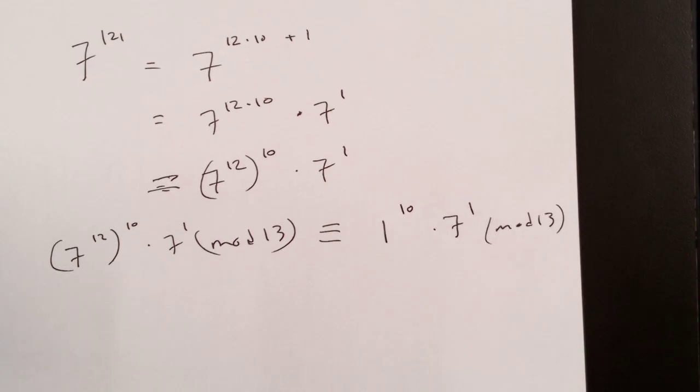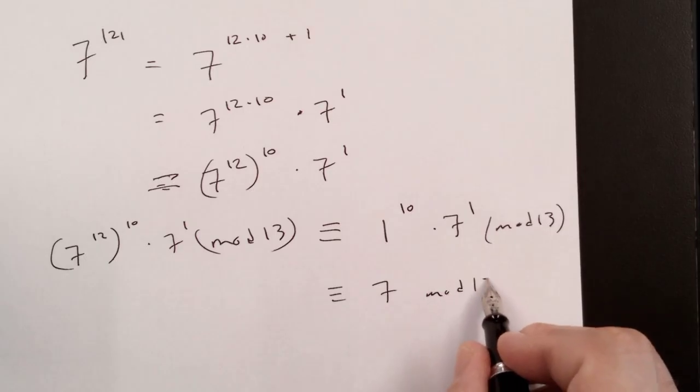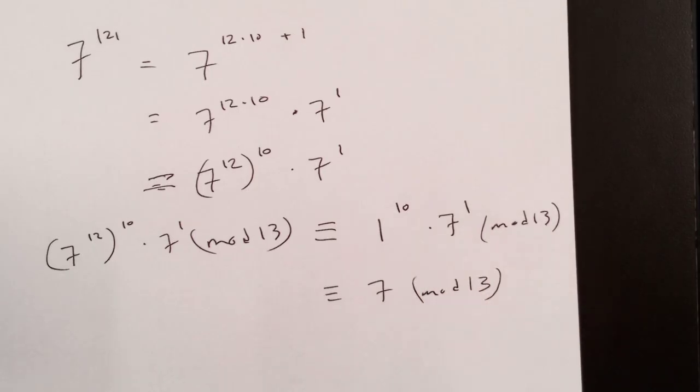I'm done. 1 raised to any power is just 1. And 7 to the first is just 7. I have no idea what 7 to the 121st power is. But I know if you divide by 13, the remainder is 7.